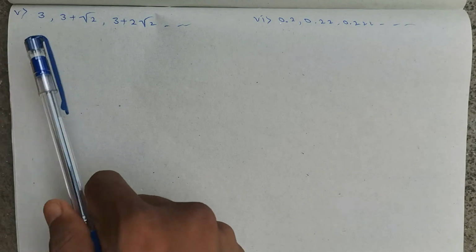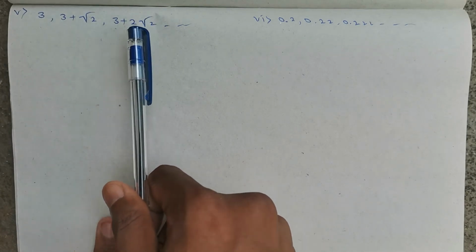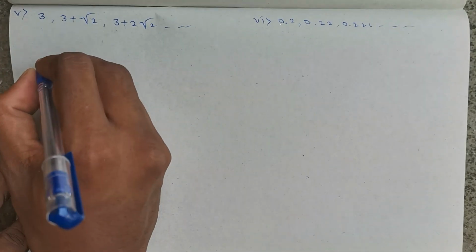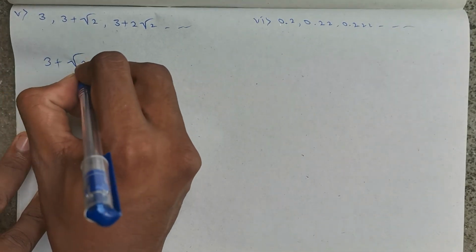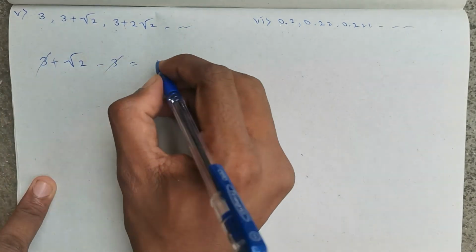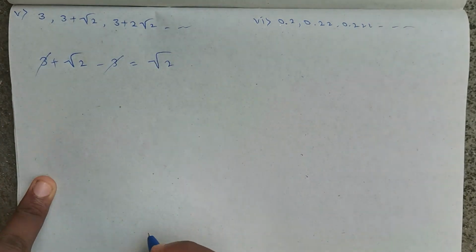Okay, the next question is 3 plus root 2, 3 plus 2 root 2 and so on. So the second term is 3 plus root 2 minus the first term 3. Here plus 3 minus 3 will get cancelled, so we remain with root 2.